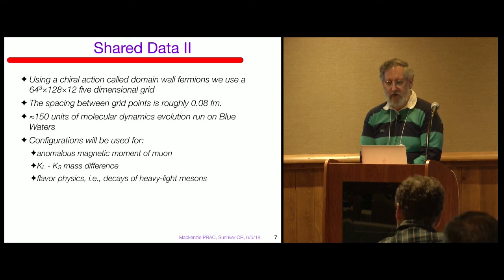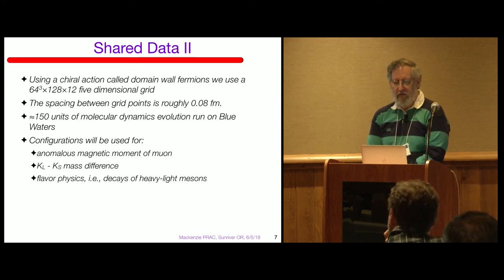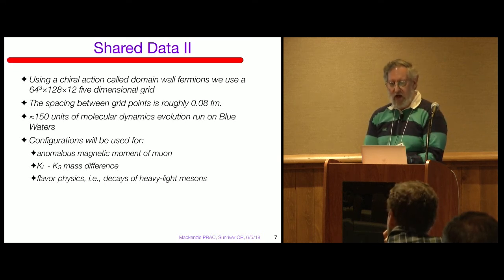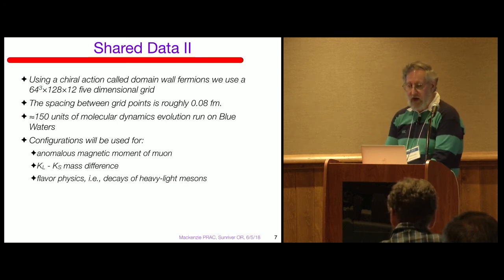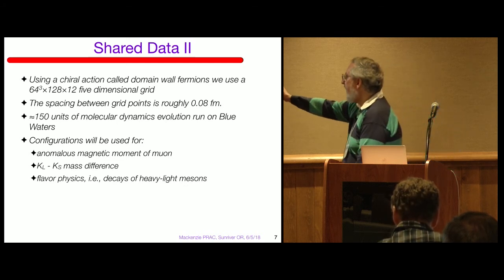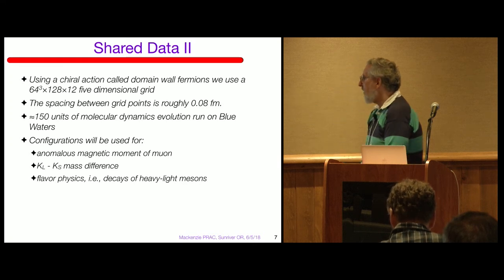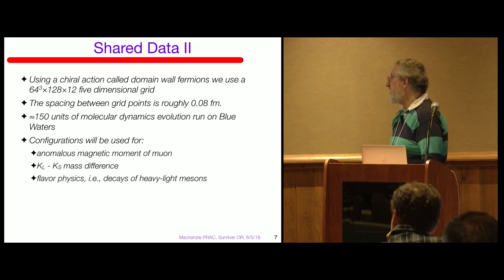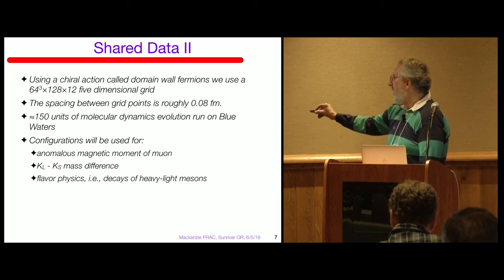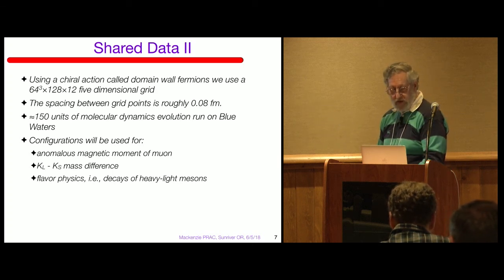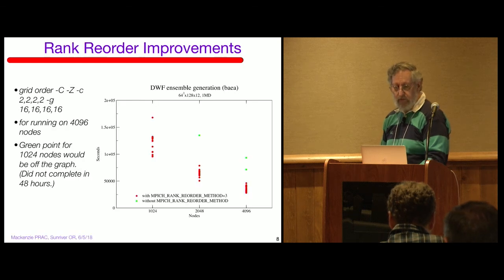It's 8/100ths of a Fermi, and 150 molecular dynamics time evolutions were run on Blue Waters. And the physics projects include the anomalous magnetic moment of the muon. I'll talk a little bit about that later. The K long, K short mass difference that I mentioned before. And again, decays of heavy light mesons within the domain wall formalism.